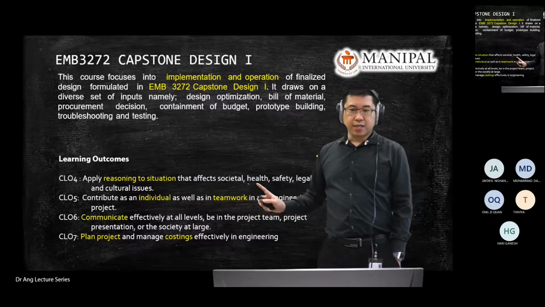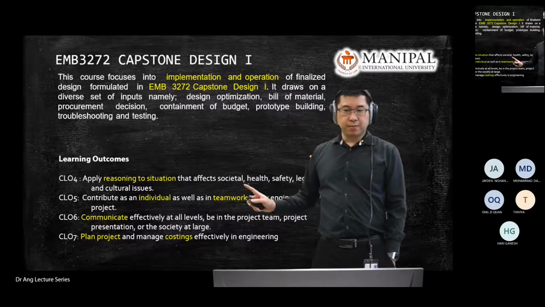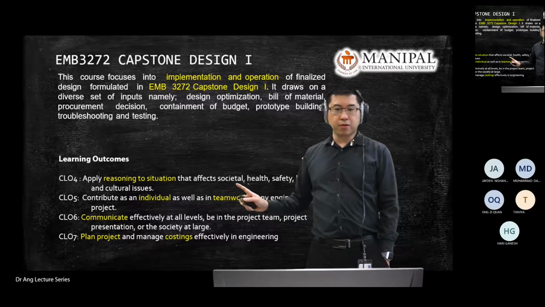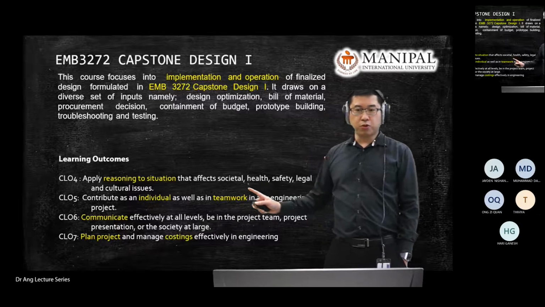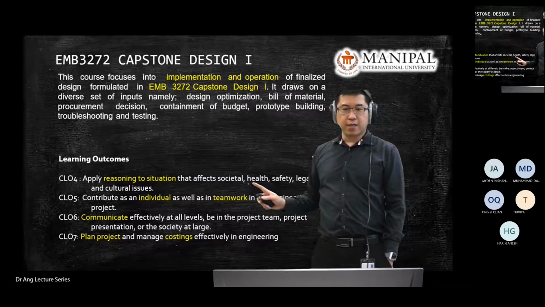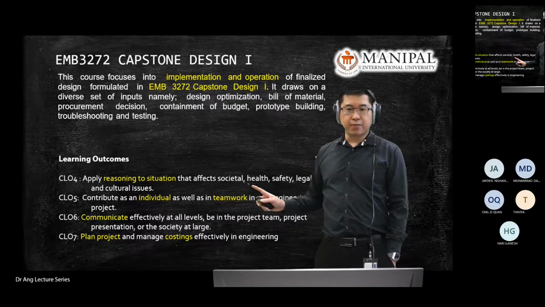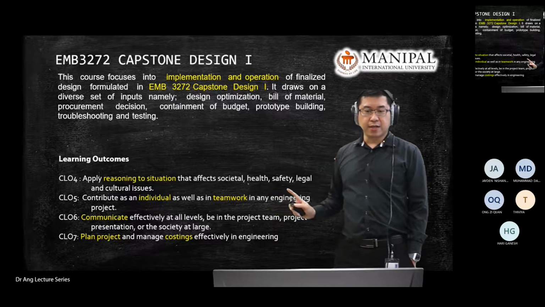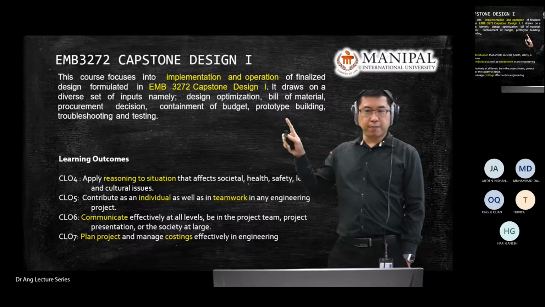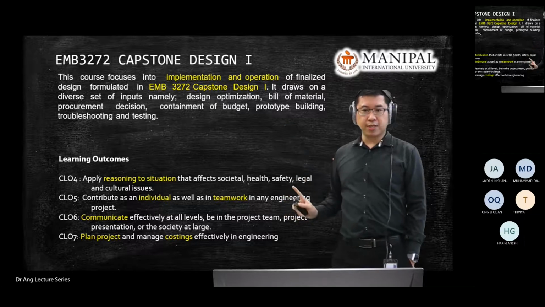Okay, does it benefit the social, or does it bring harm to the society? Does it have any pollution generated, or does it harm anyone when you use your prototypes, or any hazard from the safety? Is there any safety you need to consider in your prototype building?